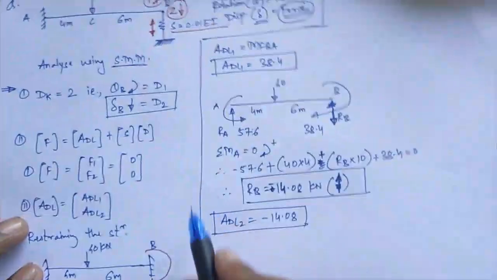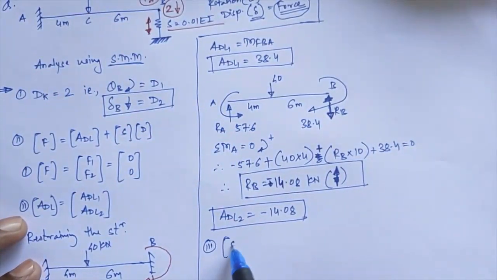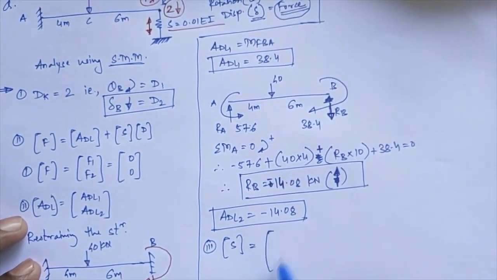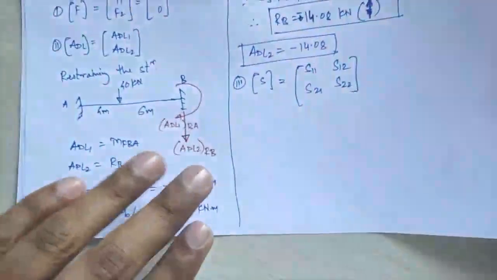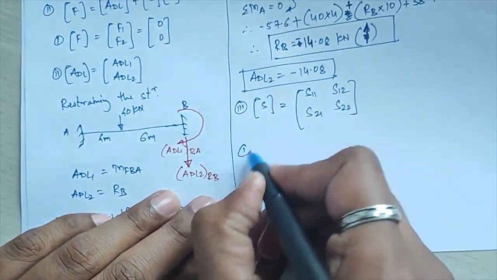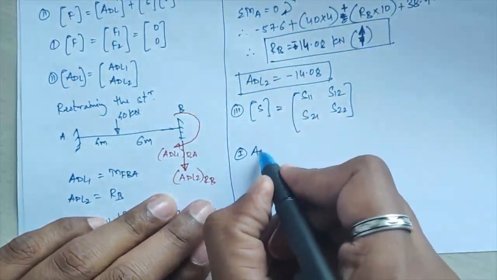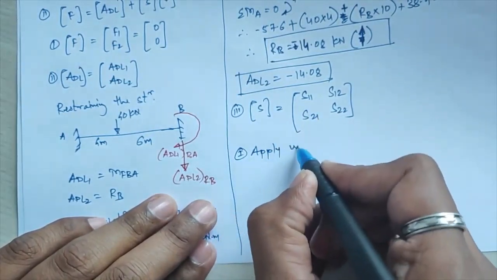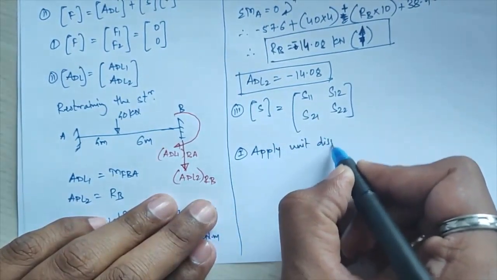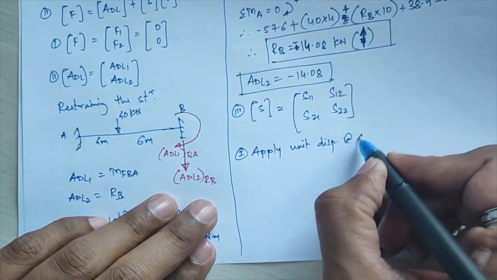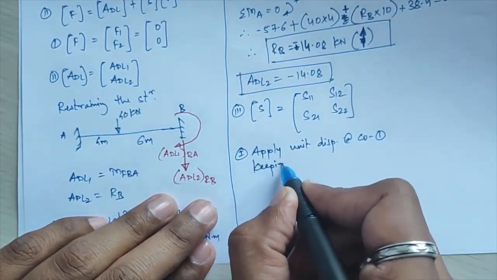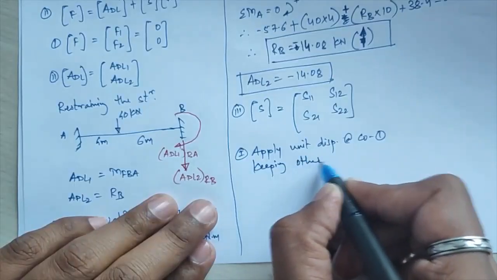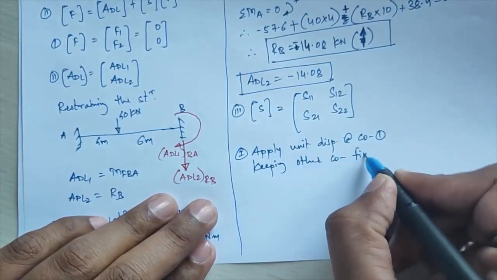So the third one, that is the S matrix. S matrix will be having S11, S12, S21 and S22. Okay, so for S11 we'll apply first Roman over here. In that, apply unit displacement at coordinate 1, keeping other coordinates fixed.